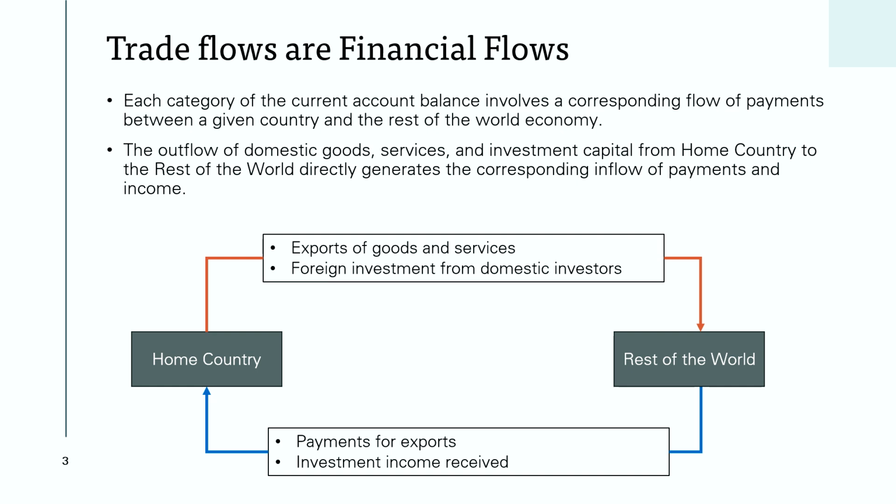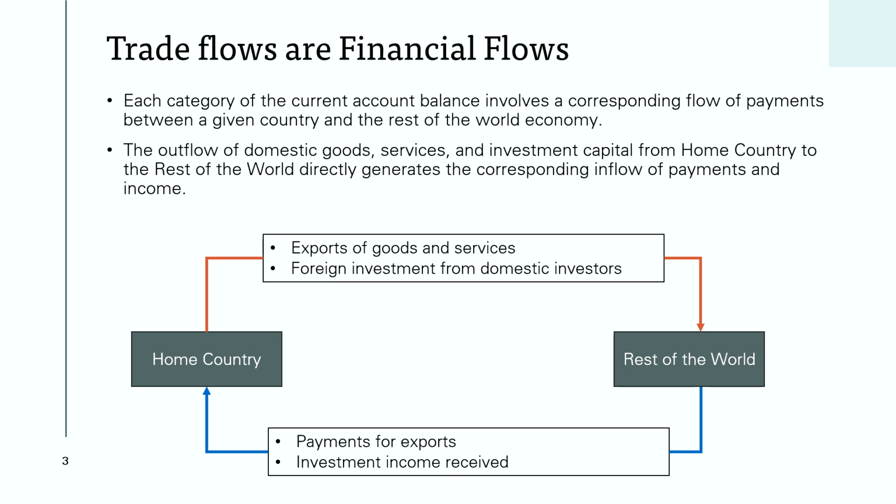The same logic applies to investment. Suppose domestic investors purchase foreign assets such as stocks, bonds, factories, or businesses. Money flows outward initially because domestic investors are purchasing foreign investments.